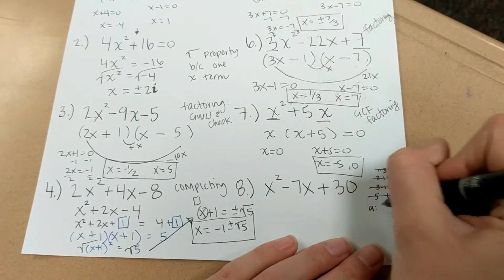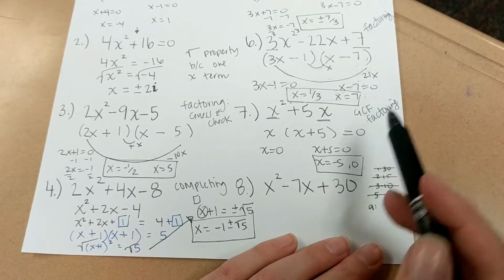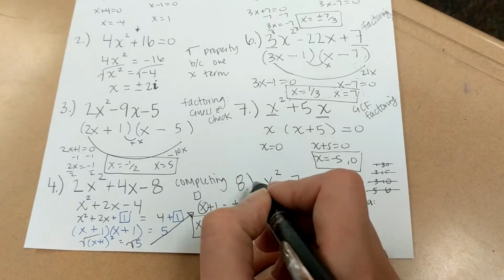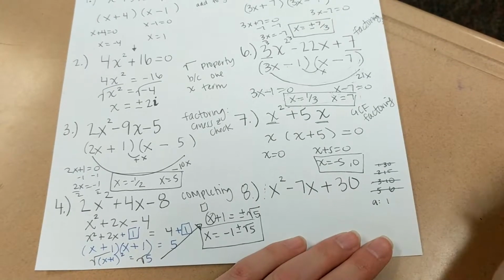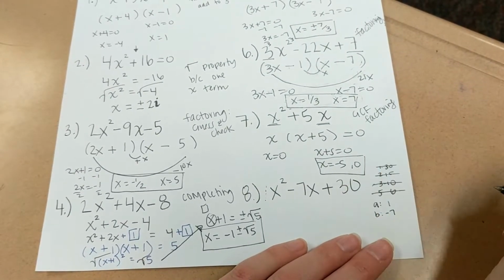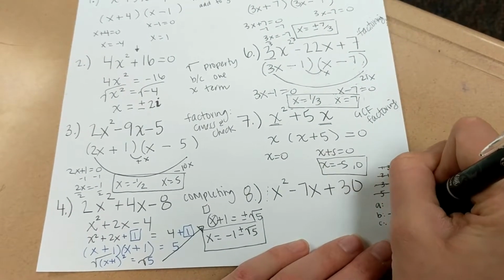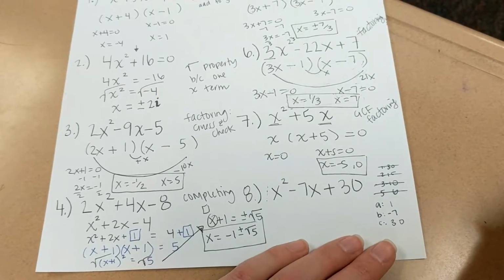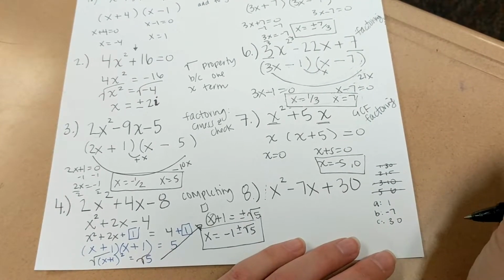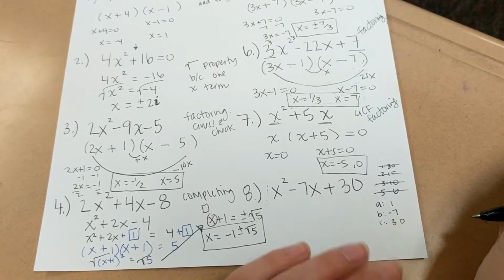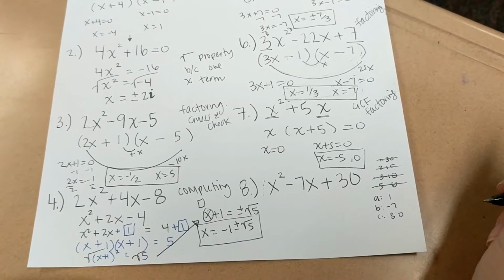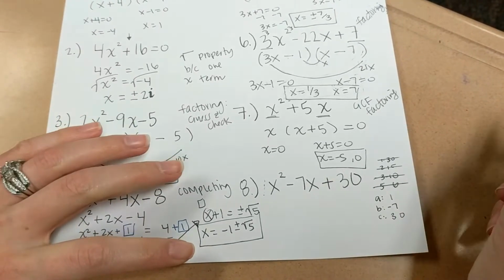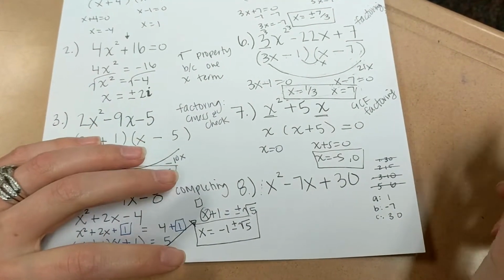Identify a, b, and c. A is the coefficient in front of our x squared term, and it's a ninja because we can't see it. So we have 1. B is negative 7, and c is 30. So I'm going to plug this into my quadratic formula. Negative b plus or minus the square root of b squared minus 4ac over 2a.